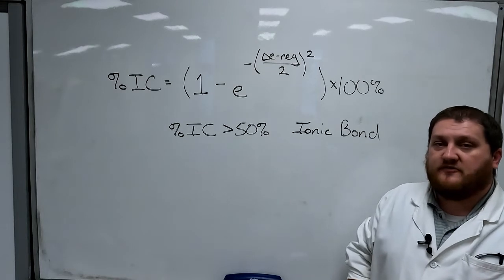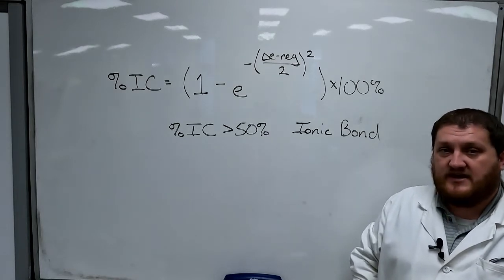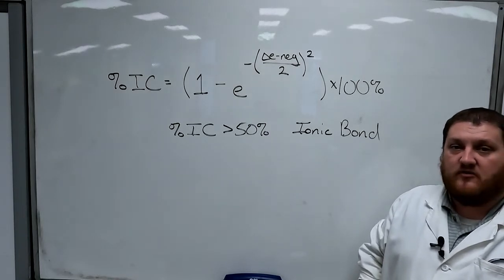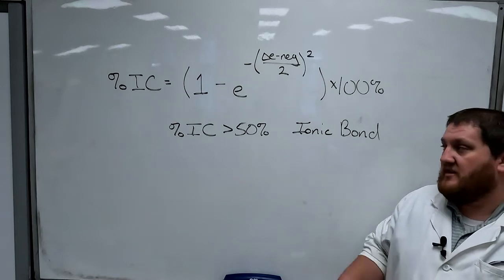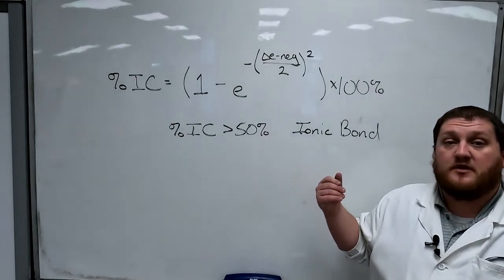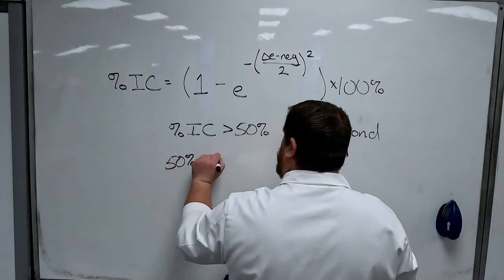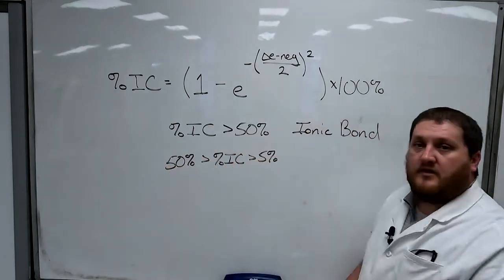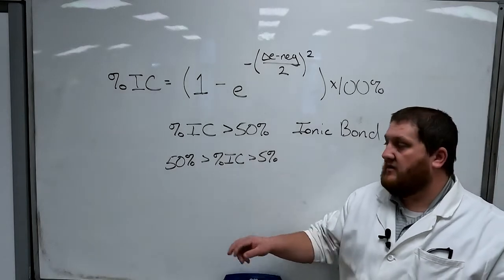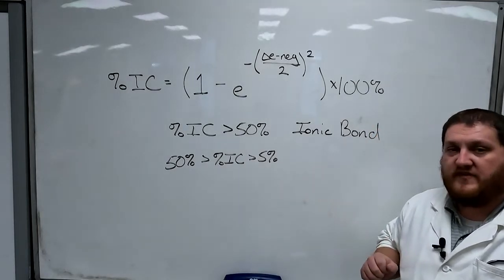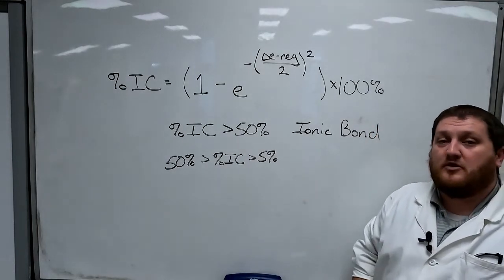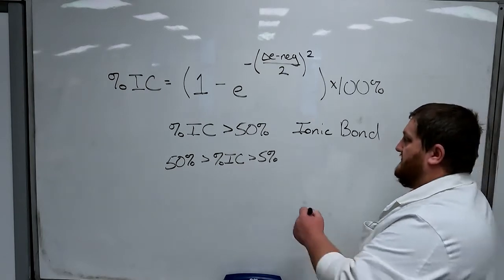However, we do break covalent bonds down into two types, and that is broken around the 5% margin. So if my ionic character is less than 50 but more than 5%, I say it is a polar covalent bond.